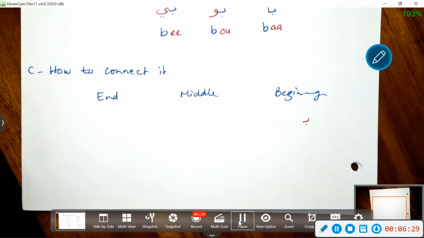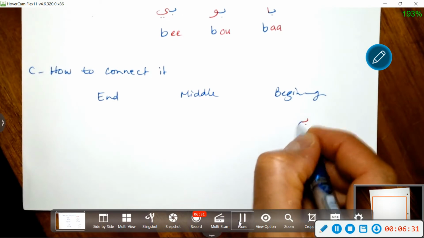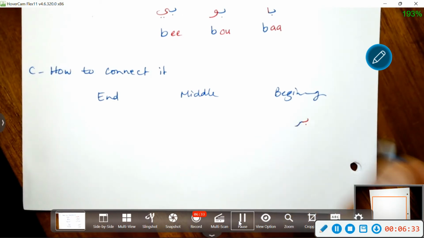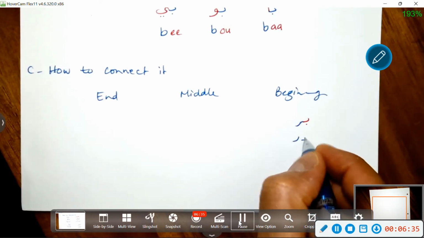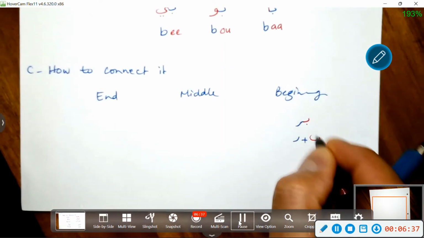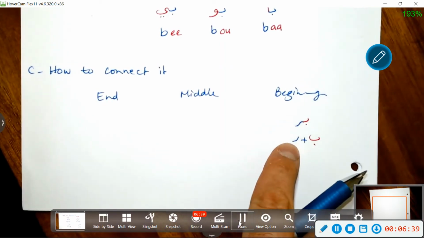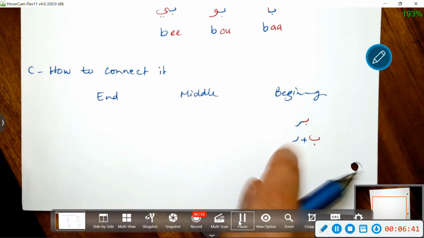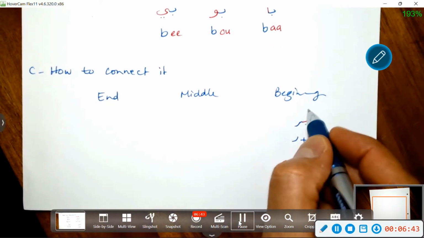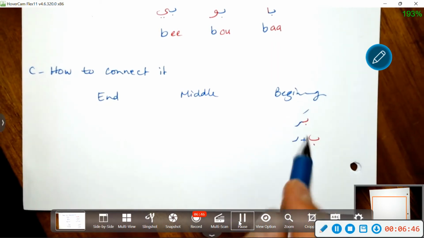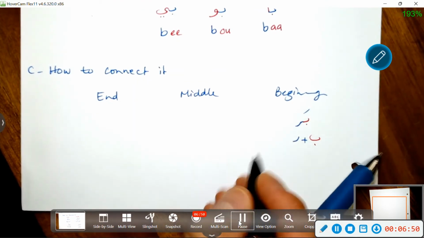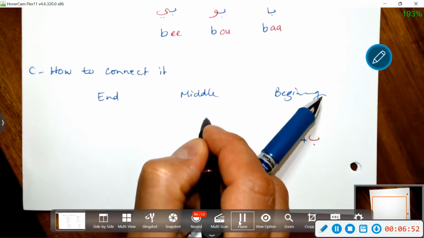Bar. This is ba plus ra. We're going to learn this later on. Right now, all you need to know is that the ba is connected this way. In the middle of the word, we connect it like this.